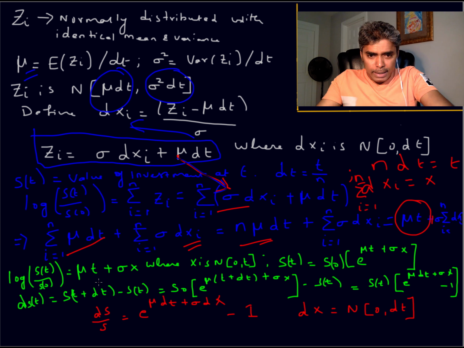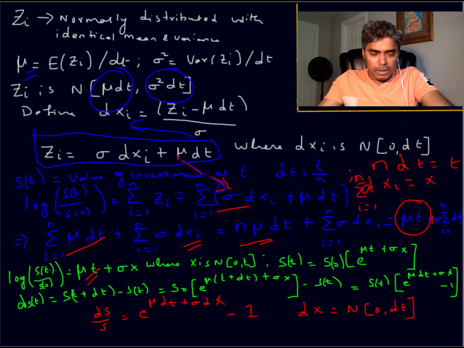By substituting that value here, I get log of s of t divided by s of 0 equal to mu t plus sigma x, where x is a random variable normally distributed with mean 0 and variance t.